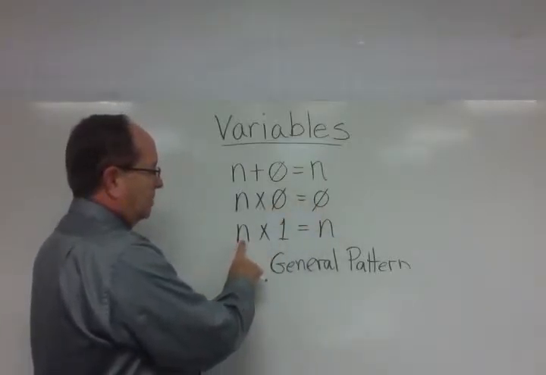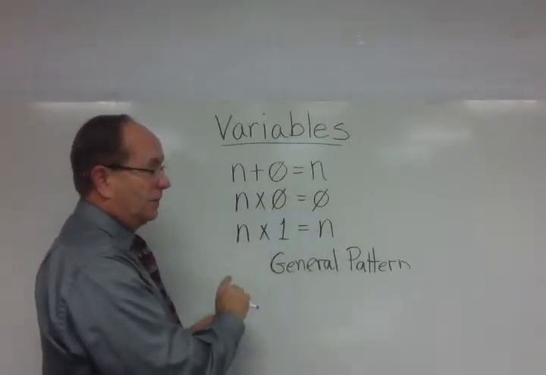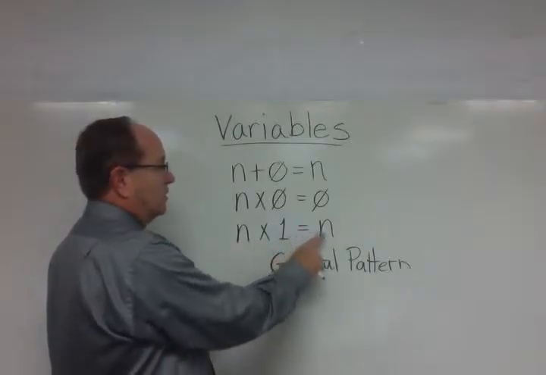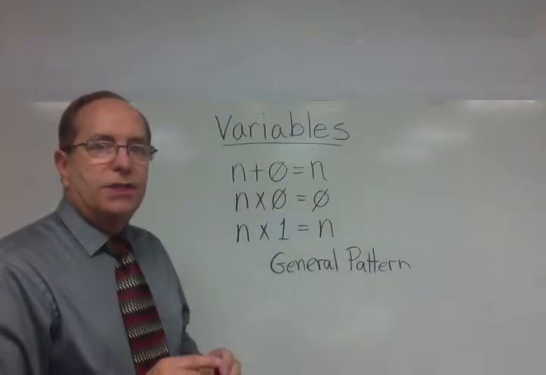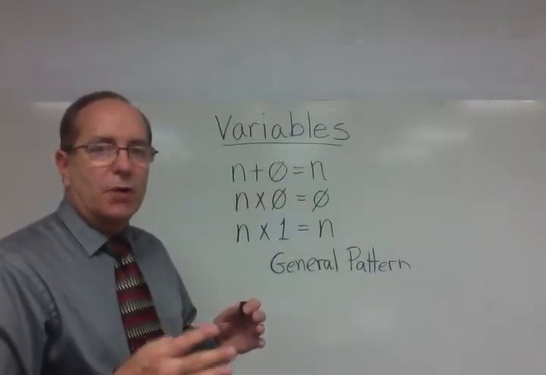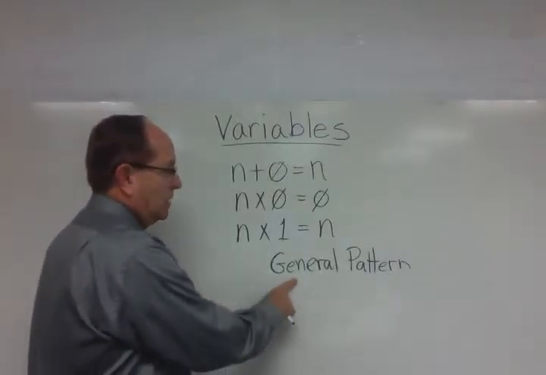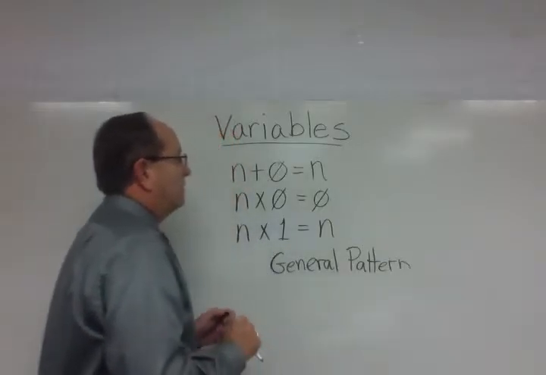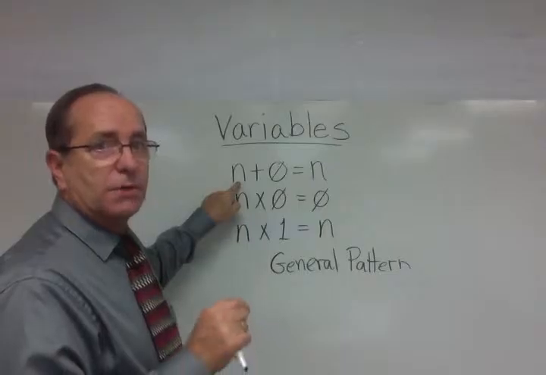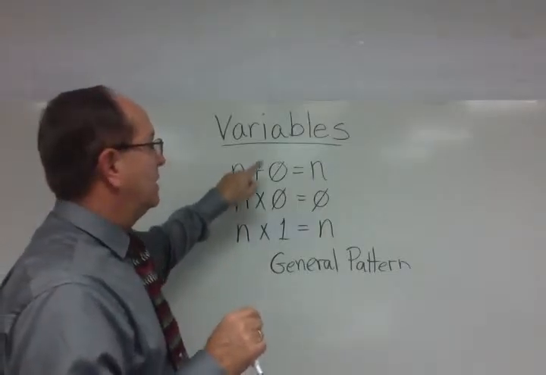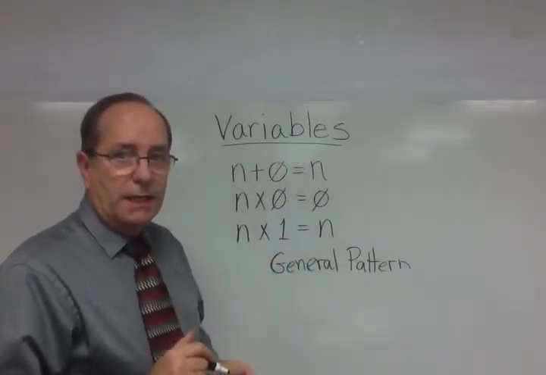And then here's another general pattern in math, or a property or law, that says n times 1 will always equal that number also. So there are different properties and rules that we call general patterns that fit a variable of any number for that variable. To replace it, I'm going to get a true statement.